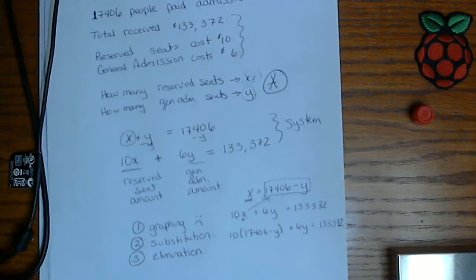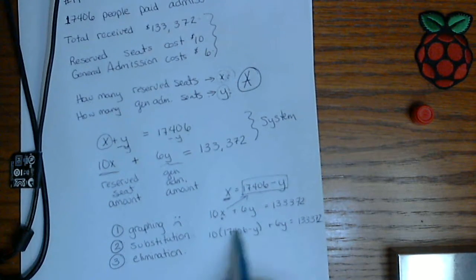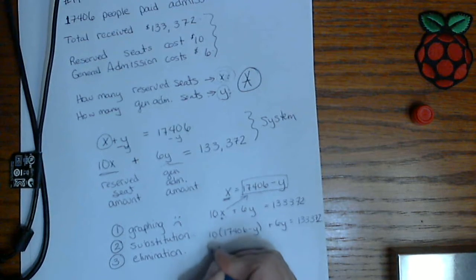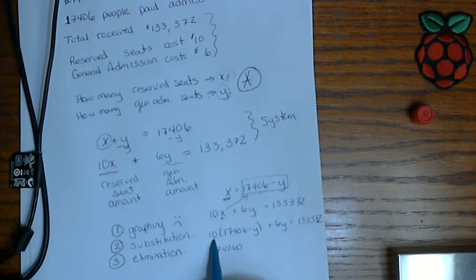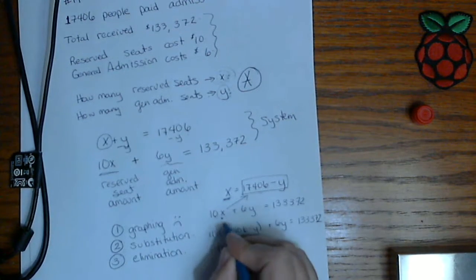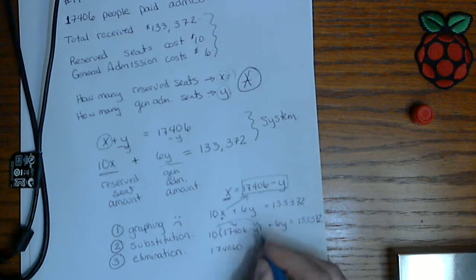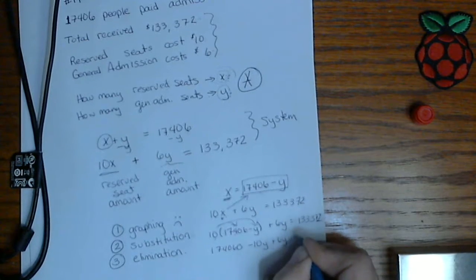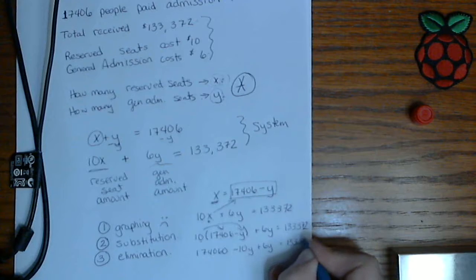Okay. Now I'm going to use my amazing algebra skills to finish this off. 10 times 17,406 is 174,060. But since 10 is on the outside of those parentheses, I have to distribute. I have to not multiply only by the first number, but also by the second number. So I have a minus 10y plus 6y equals 133,372.